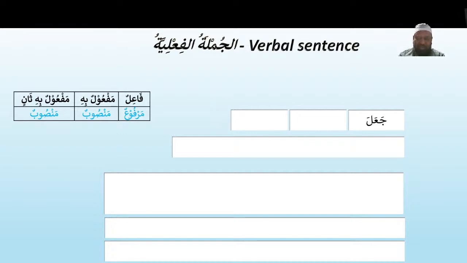Alif is the sign of muthanna, and some it is al-waw. Sorry, not ya, alif. So we just need to see if the next ism is in marfu case. If it's in marfu case, straight away we can say that is the fa'il. And if it's not in marfu case, it's not the fa'il. So let's see.